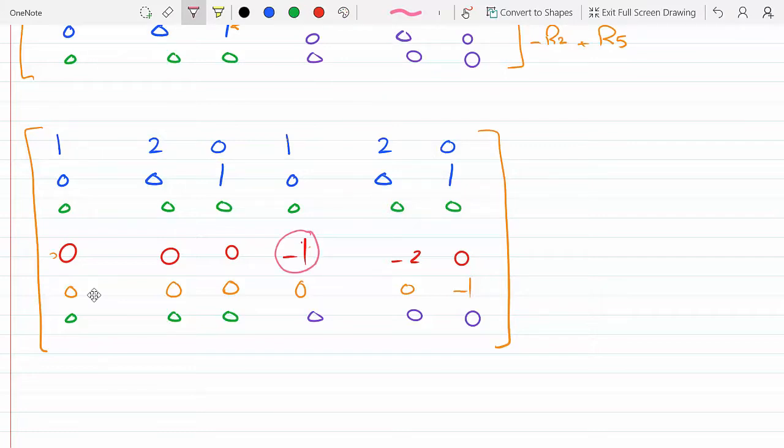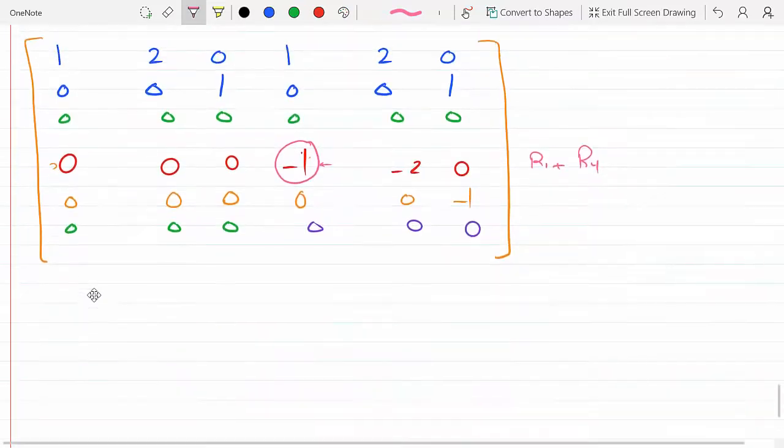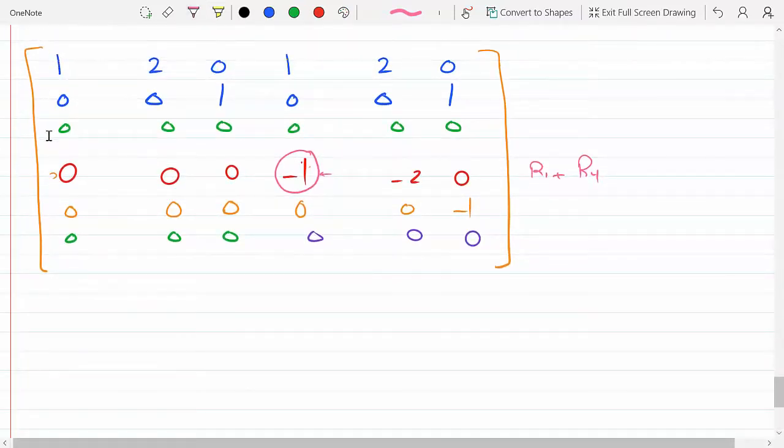So what I'm going to do is add row 1 plus row 4. Row 1 plus row 4. So that will make this guy a 0 because 1 minus 1 will get me a 0. And I might as well in the same step do the other one. Actually, it's okay. Let me do it in steps so we can see it better.